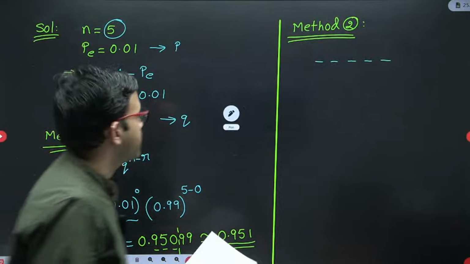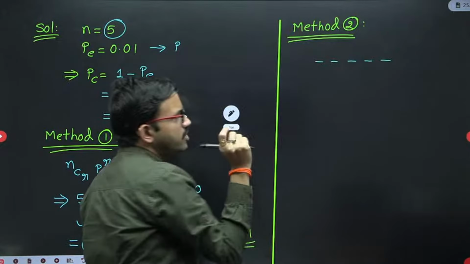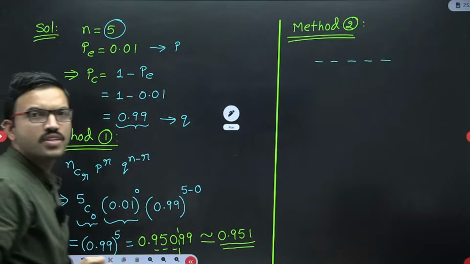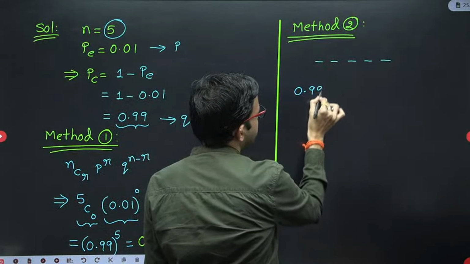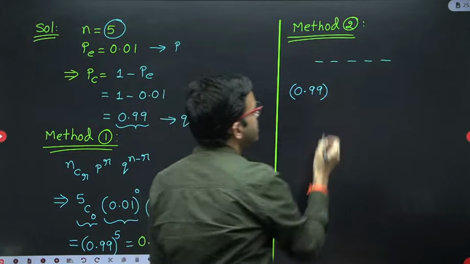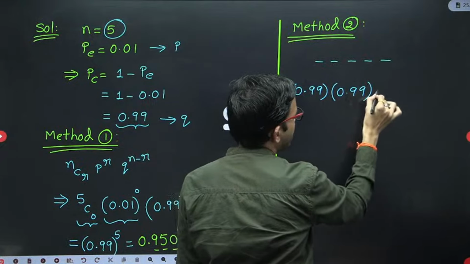Now in this case, in order to get each and every bit correct, the probability is this one, 0.99, 0.99. Like that, every bit you are getting correctly. Like that, 0.99, 0.99, you have to consider 5 times.